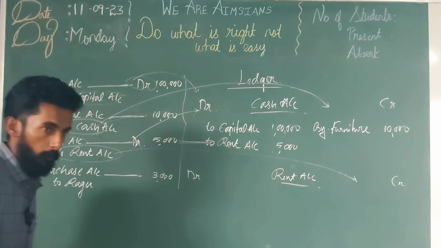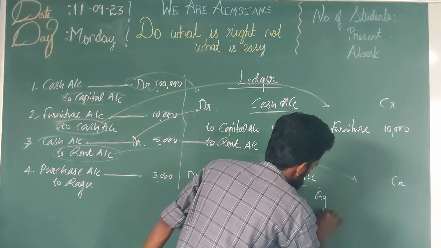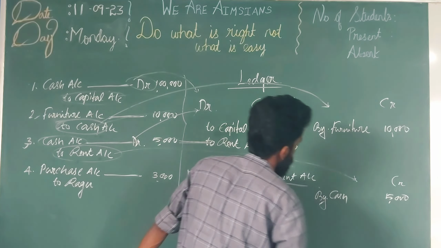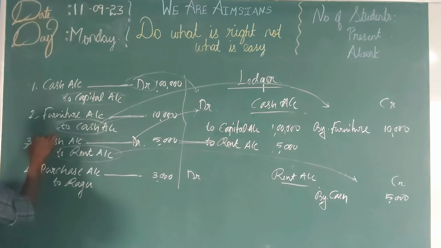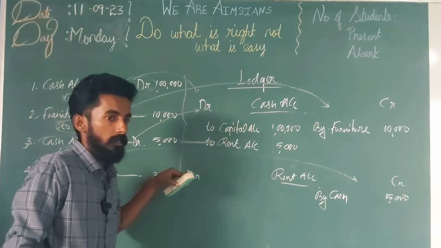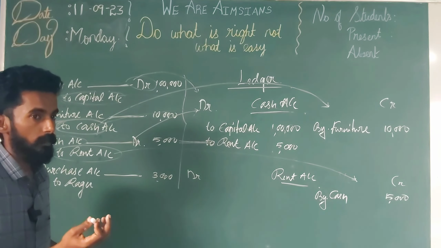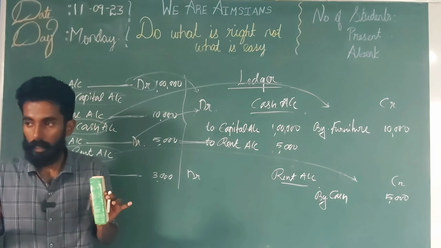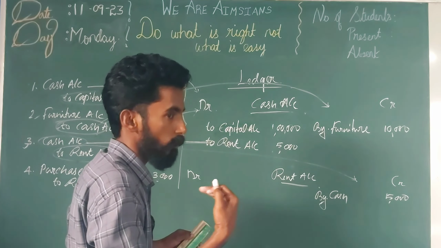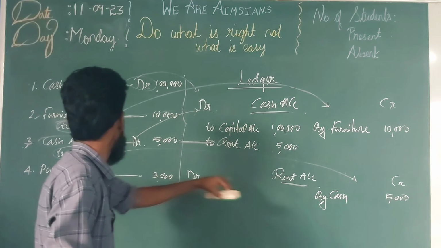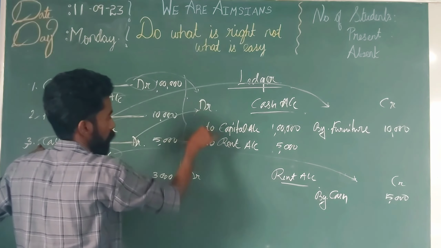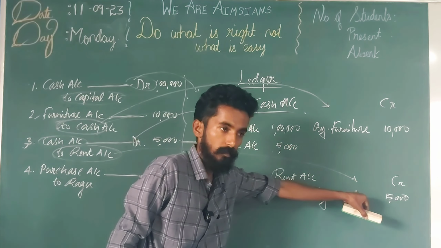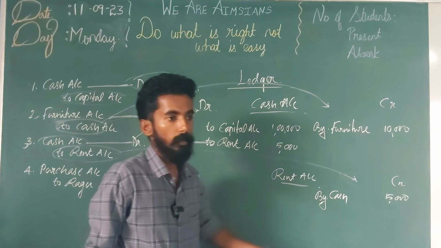What do we need to write? On the credit side, always "By" will come: By cash, rupees 5,000. Is it clear? Every journal entry is going to affect at least 2 accounts. Here the cash account we have debited, to rent account, and the rent account we need to credit. What do we need to write then? By cash account. Just reverse.